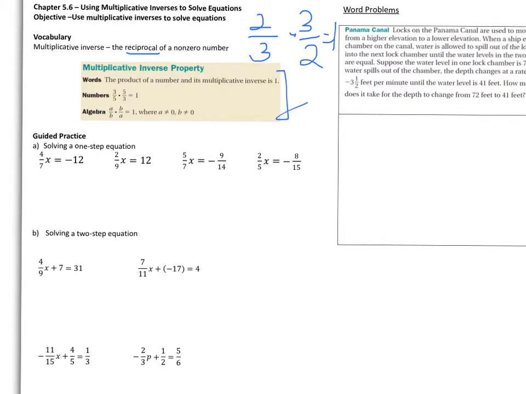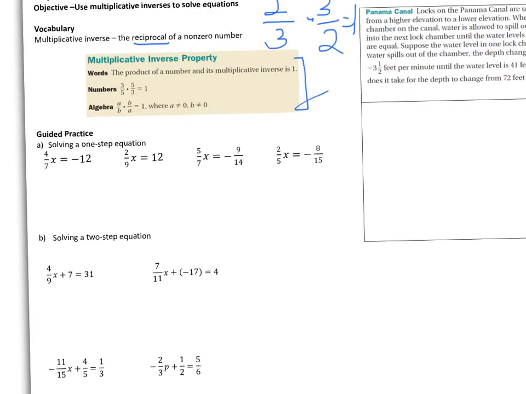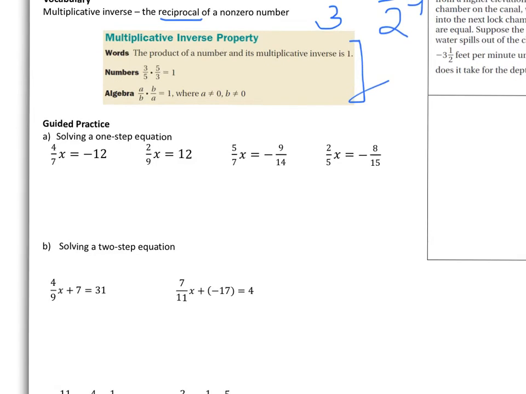Okay, here we have equations. And I'm going to show you how to use the multiplicative inverse to solve for the variable x. So for part A, solving a one-step equation, again, our goal is to isolate the variable x.